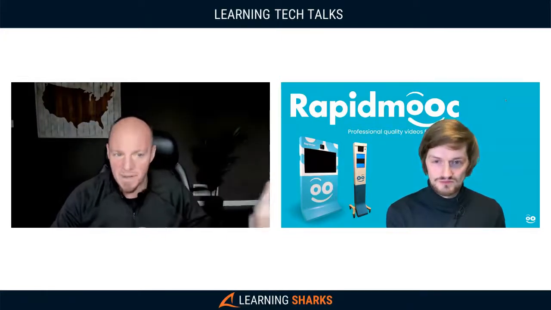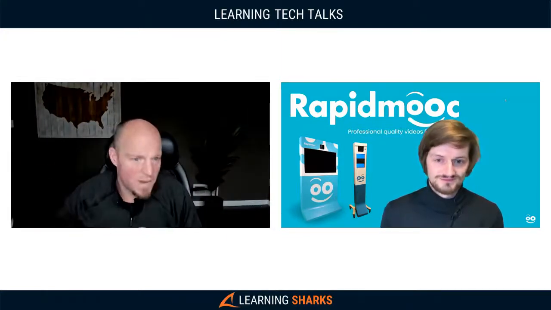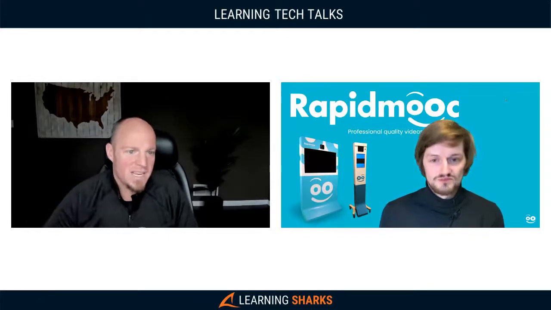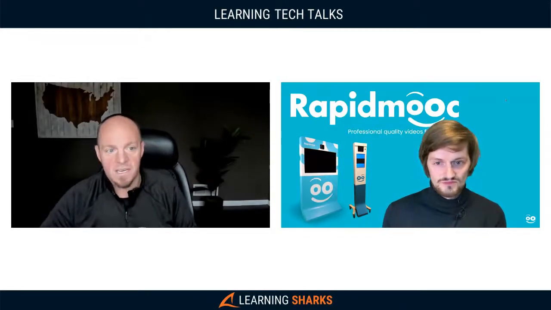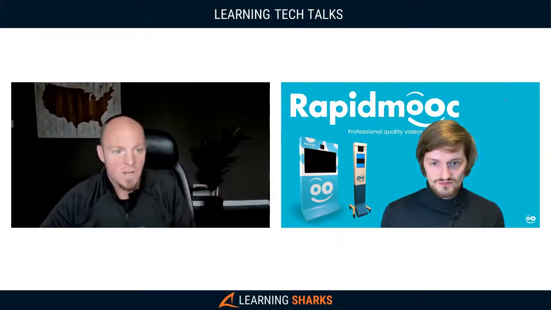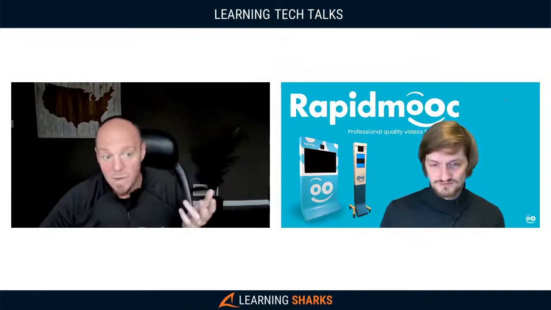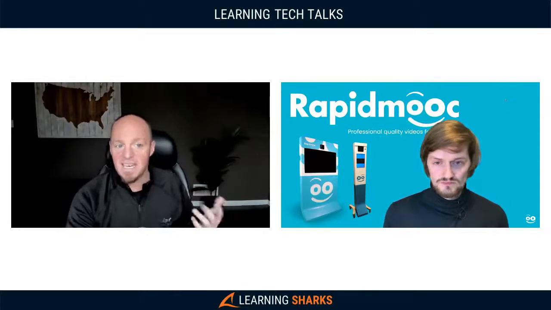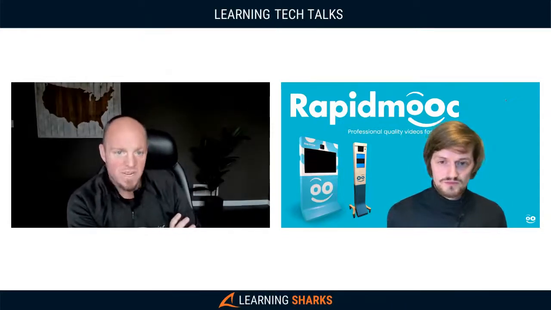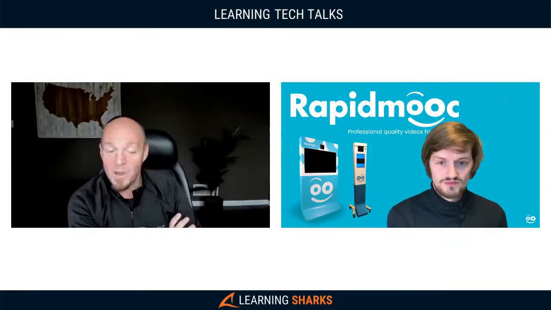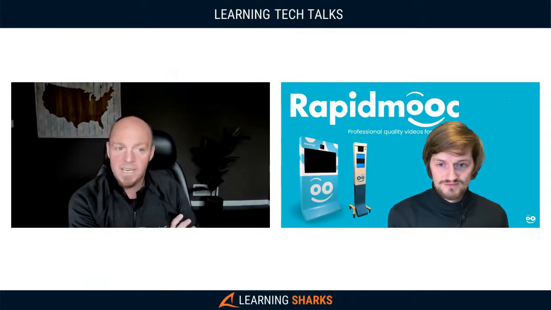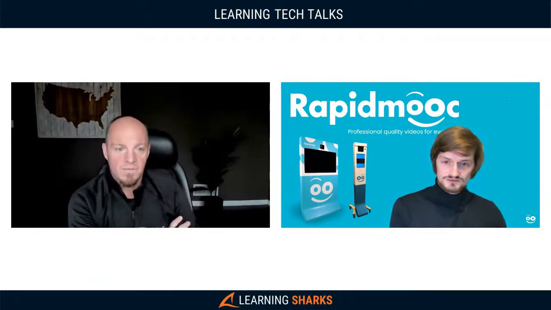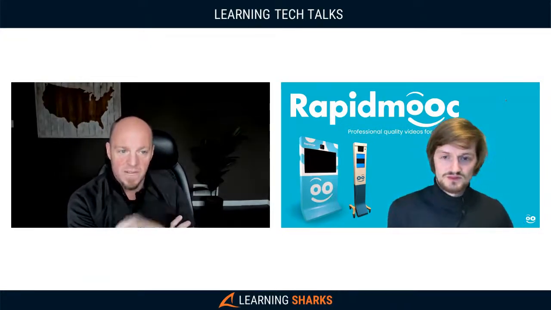We need it to have that polish, but we don't have budgets to spend 20 grand on a talking head video. What do we do in between? And that really has, for a long time, in my opinion, been a gap. And I think that was when you shared with me, hey, this is something we do. I remember being like, that's pretty cool, right? What a cool way to solve for that middle ground.